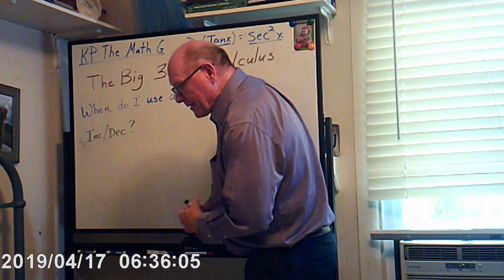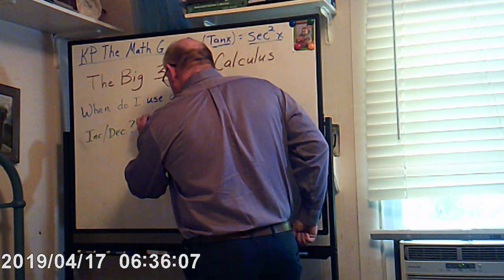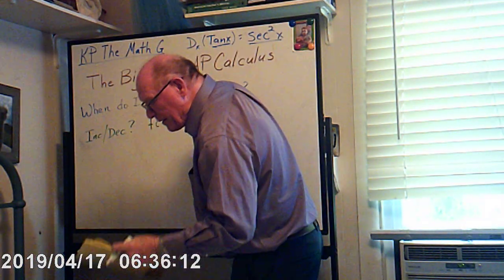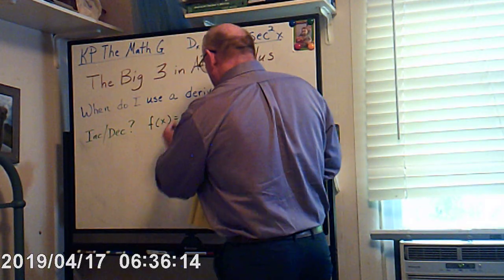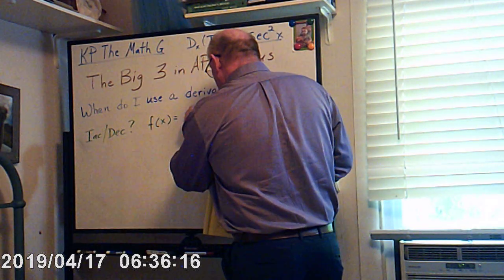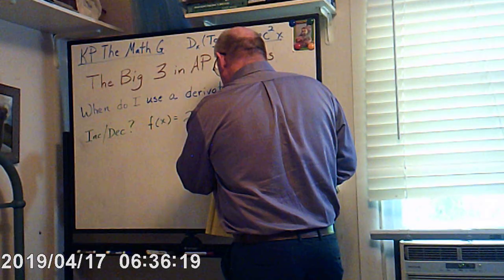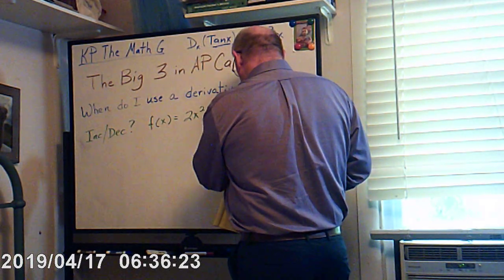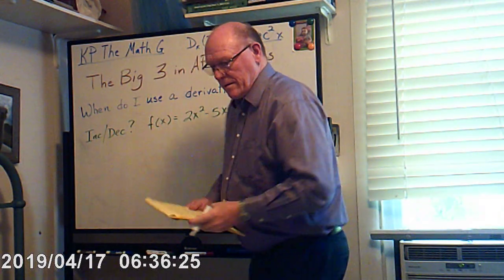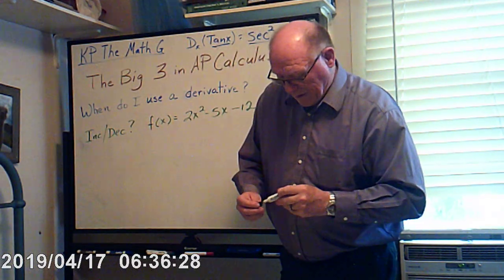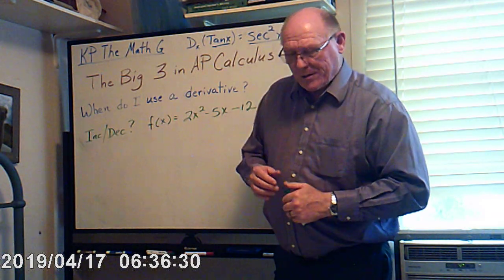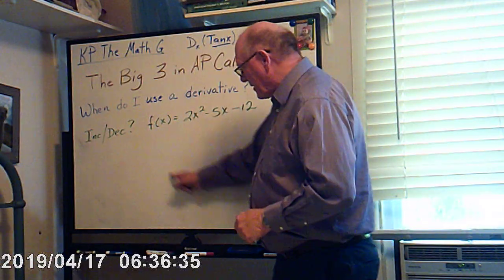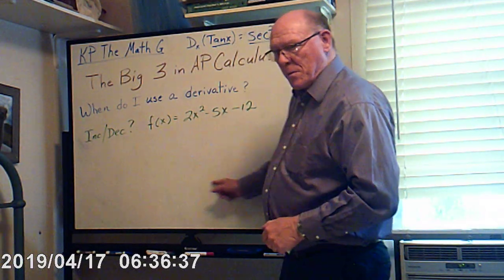Let's look at f of x equals 2x squared minus 5x minus 12. For those of you in AP Calculus, you should be able to recognize this as a parabola that curves upward. How do I know it's curving upward?